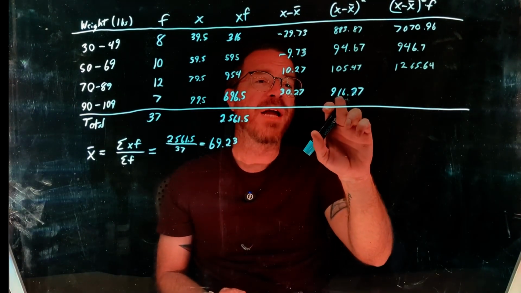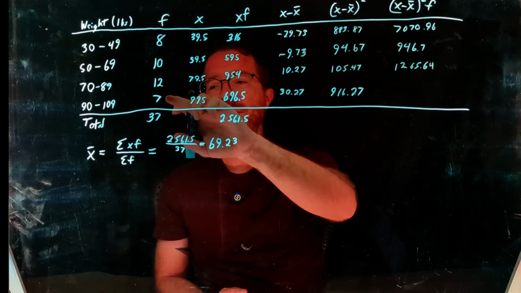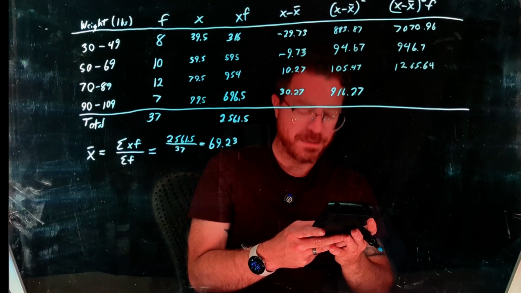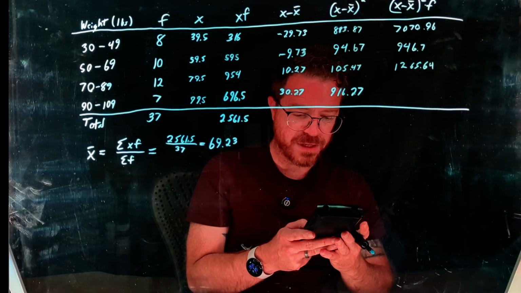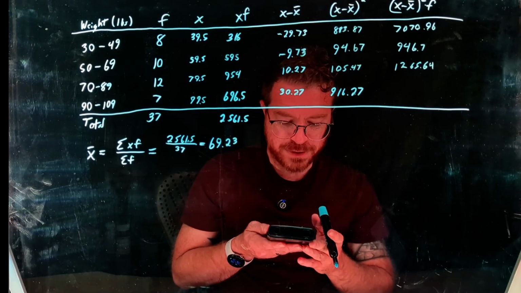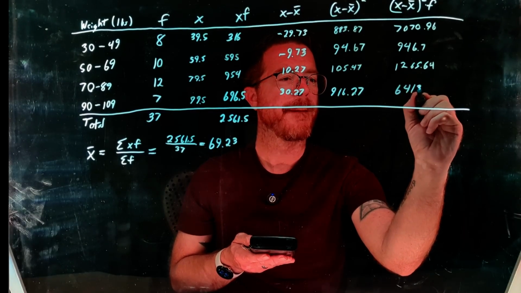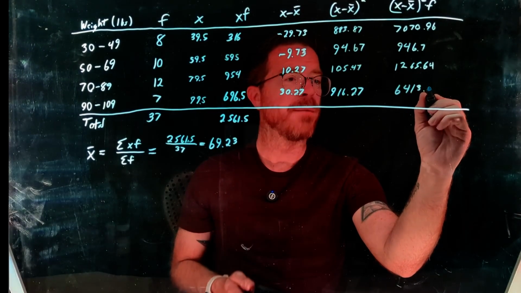And the last one, we have our 916.27. We're going to multiply it by that frequency of 7. So 916.27 times 7 will give us 6,413 and 0.89.